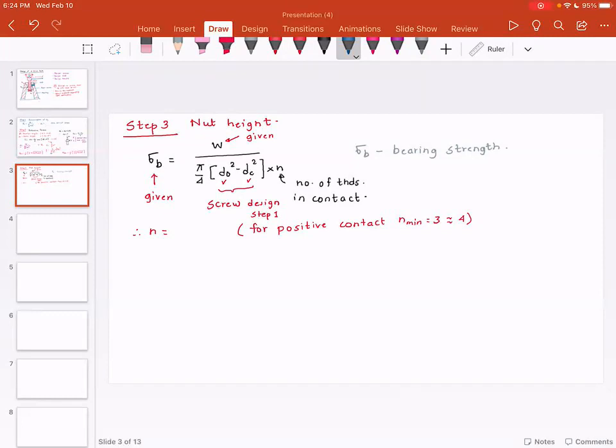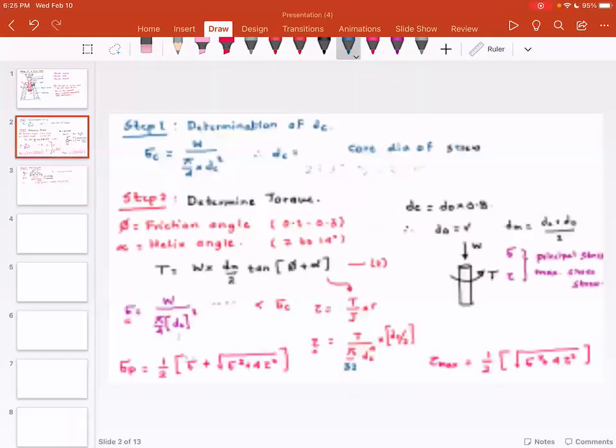So the screw may be safe in bearing, but one thread will not ensure proper engagement. So to make sure that the nut and screw are properly assembled, you need to have minimum 3 to 4 full threads in contact. So you can state at that point that minimum number of threads we are going to assume is say 4, and then you can actually proceed.